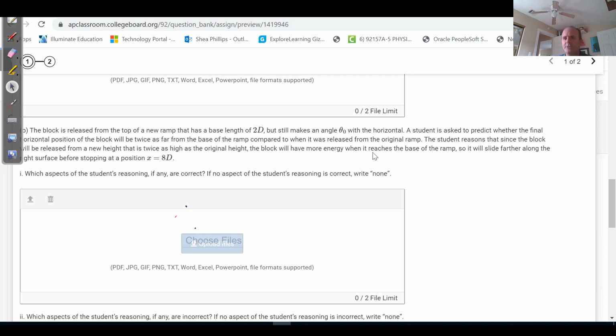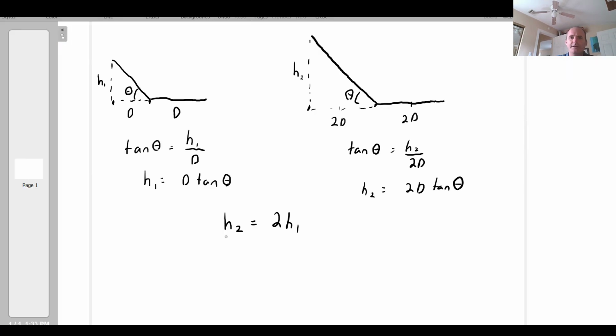Now let's do this one. The block will have more energy when it reaches the base of the ramp. So it will slide further along the rough surface before stopping at position 8. So does it have more energy? Let's do another page here.